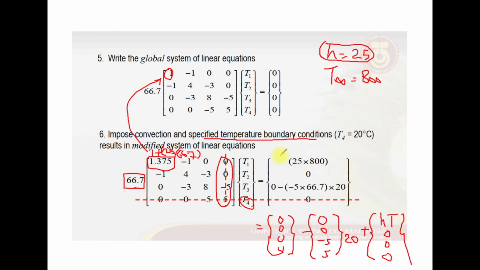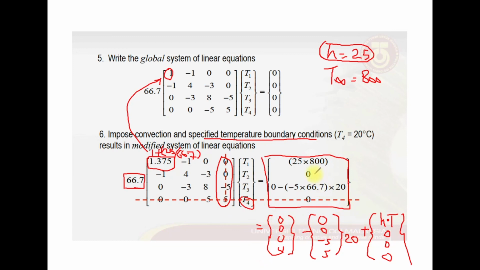So what we have in the slide here is actually the summation of all of these components, where if you look at the first value in our right hand side equation, it contains 25 multiplied by 800, which essentially refers to H multiplied by T, plus 0 minus 0. For the second equation, we have all zeros.